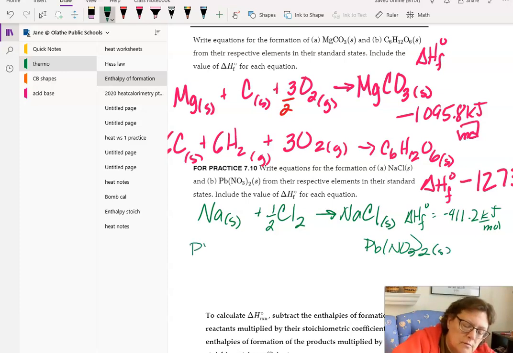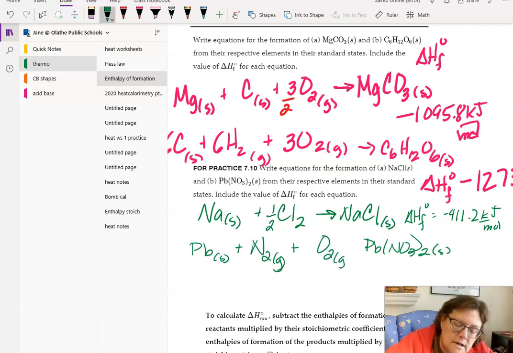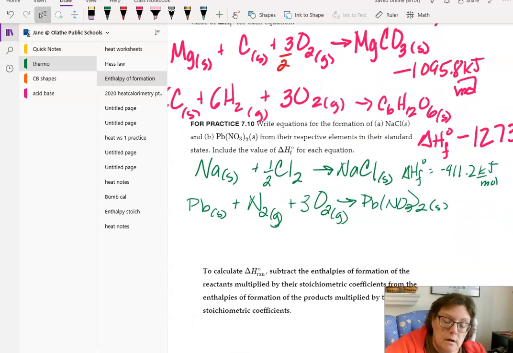The other one, lead nitrate. So we're going to make it from lead, which is a solid at room temperature, nitrogen, which is a gas, and oxygen, which is a gas. We need 6 oxygens. I'm going to balance it out first, and then we'll get it down to 1. I need 6 oxygens. I need 2 nitrogens. That works right there. So we don't need to have any fractions.